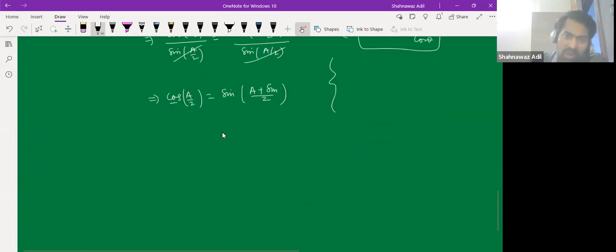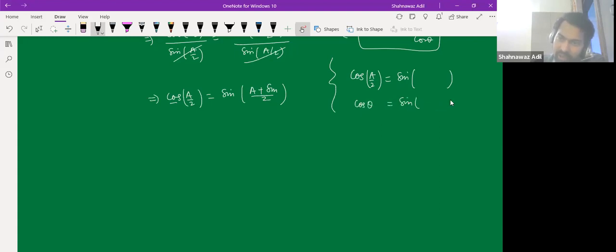So what would be cos A by 2 in terms of sine? How can I get cos theta from sine of something? I will write below the result that we know.